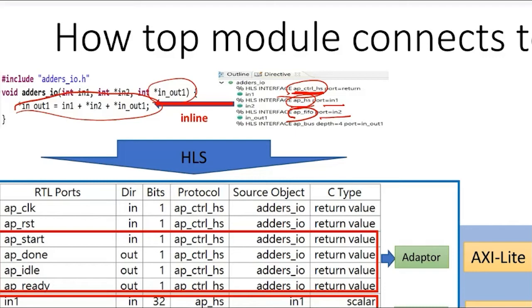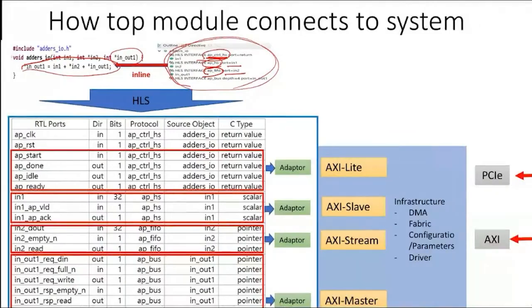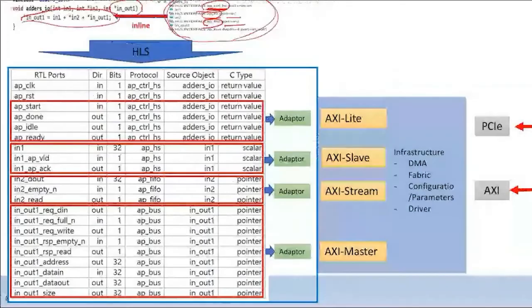So when you specify the interface type, it will generate different control signals. This part is a block-level handshake, where we see ap_start, ap_done. For in1, which is a handshake, it generates additional control signals, valid and ack. And in2 we said is a FIFO.